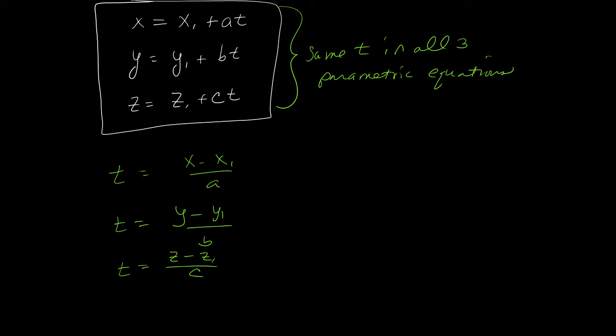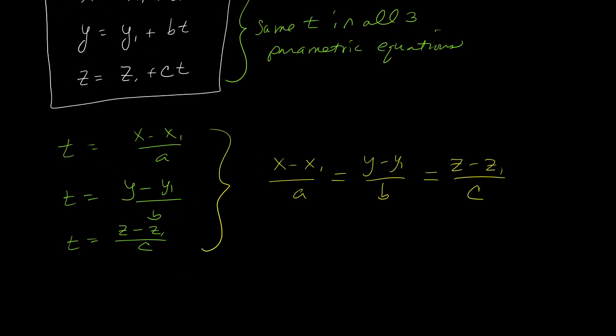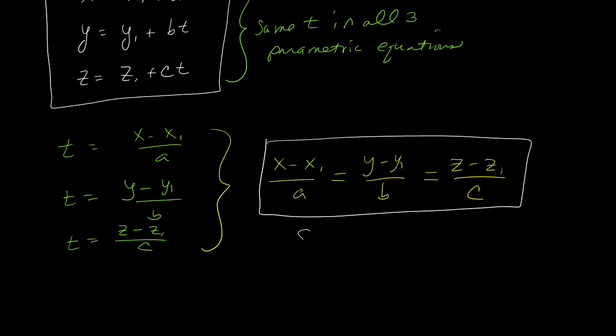Well, since they're all equal to t, they're all equal to each other. So that implies that x minus x1 over A is equal to y minus y1 over B is equal to z minus z1 over C. That right there is what's known as the symmetric equations of a line in R3.